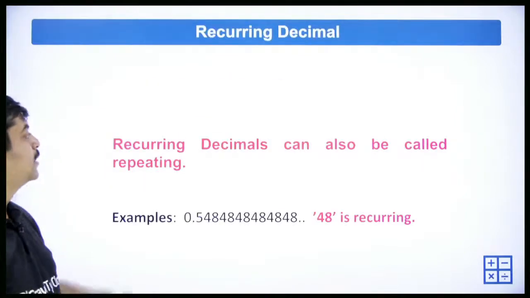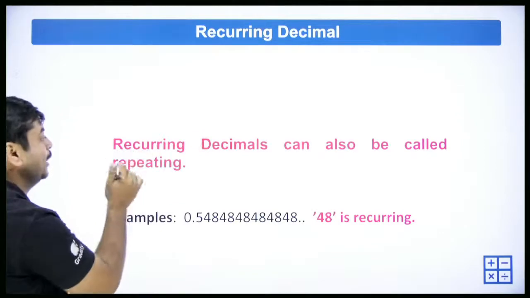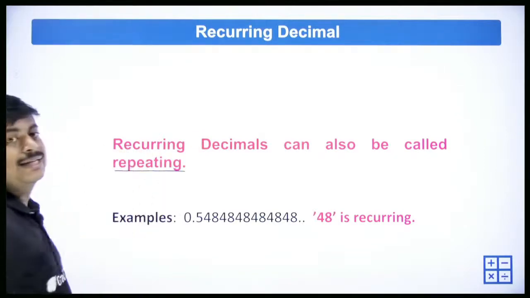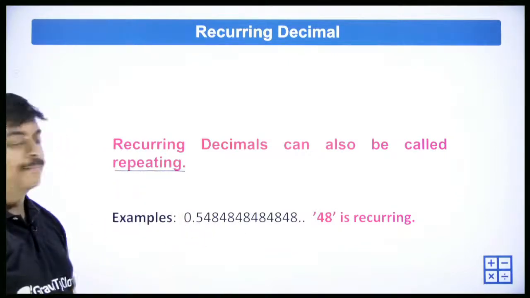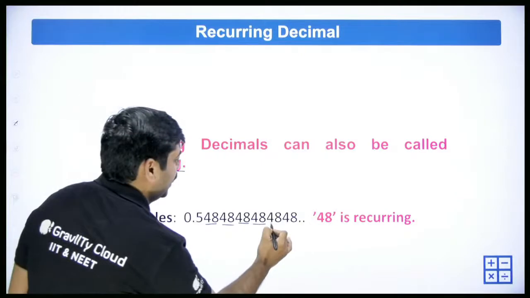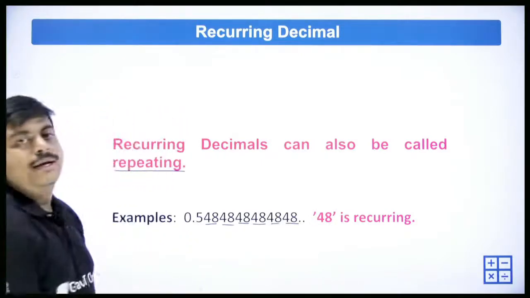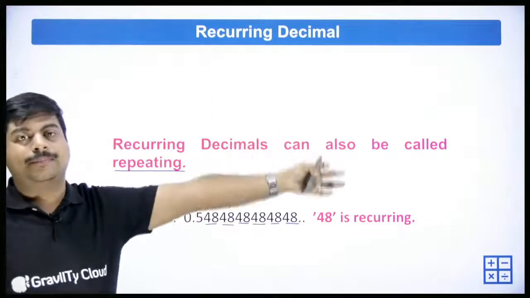Recurring decimals are also called repeating decimals. The name itself says that it is repeating. Carefully check here: 48, all 4 8s. It's the same 4 8 being recurring or repeating.